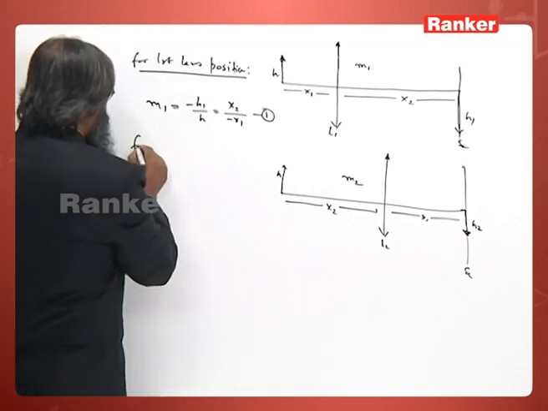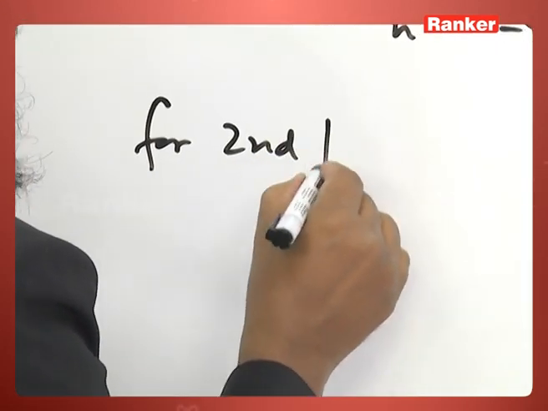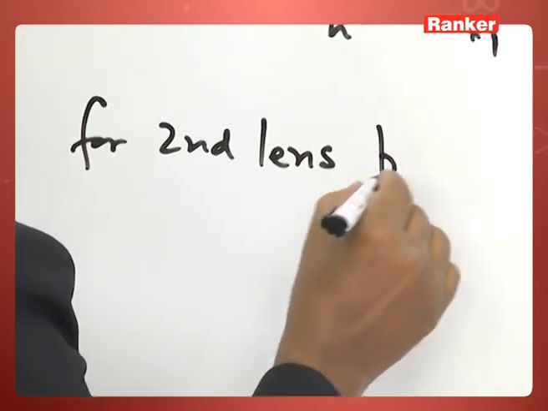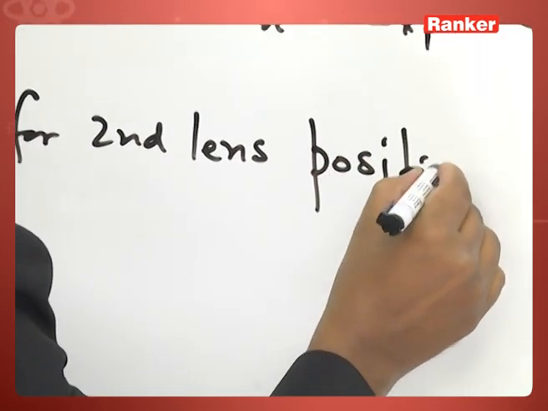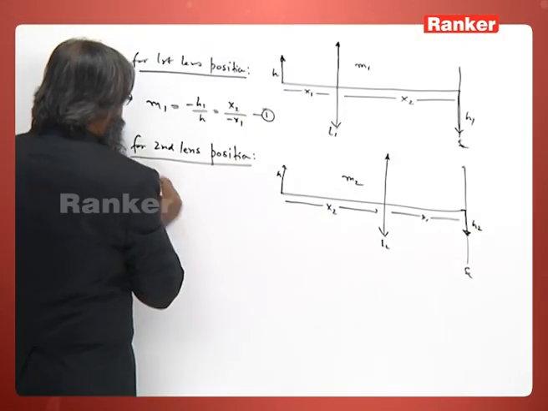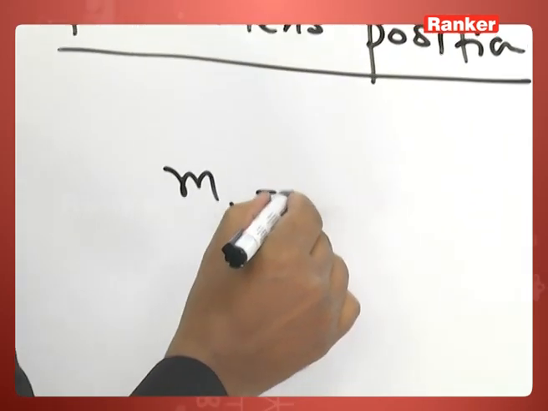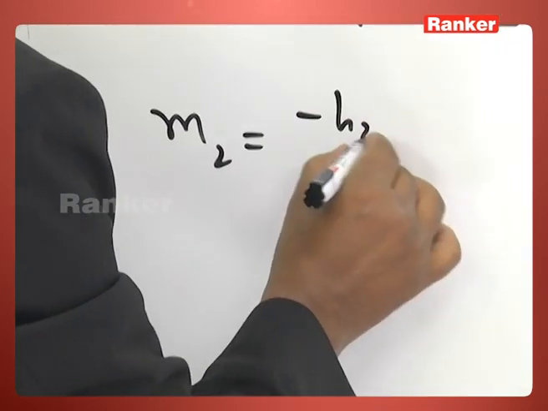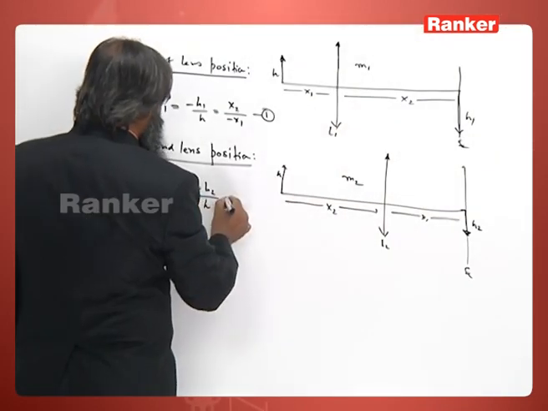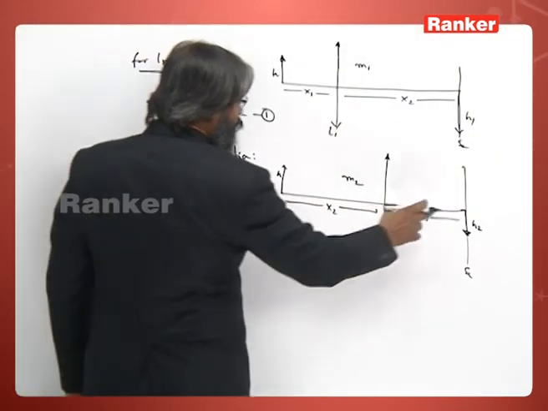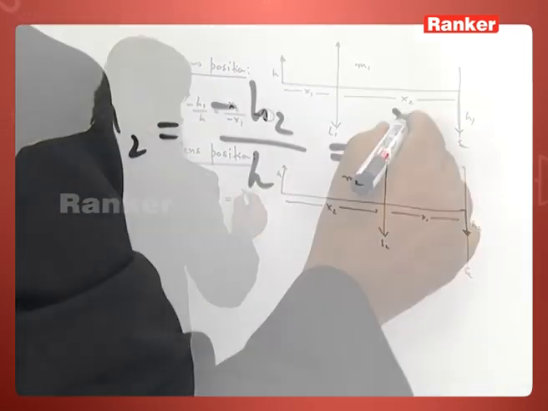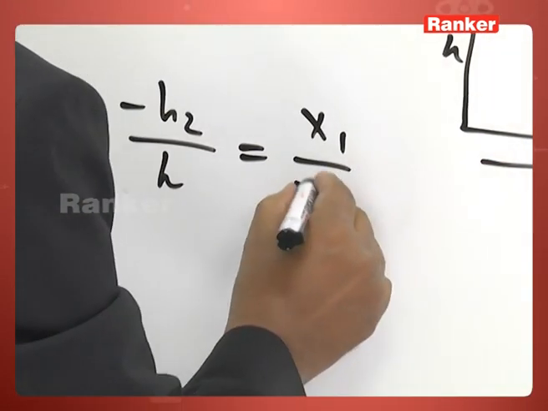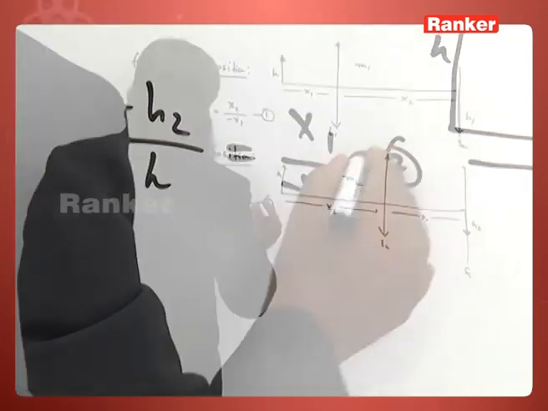For the second lens position, we will write m2 is equal to minus h2 by h, that will be equal to v by u. v is here x1 and u is here minus x2. This is 2.